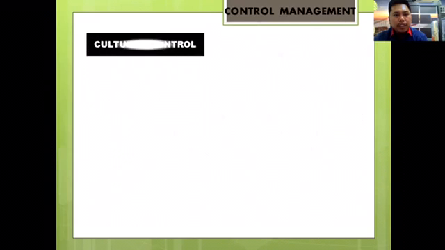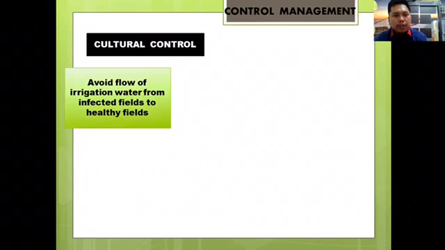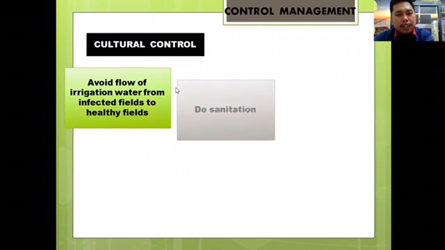And lastly, I will explain about the control management of the disease. The control management is divided into cultural control and chemical control. Now I will explain about cultural control first. First, avoid flow of irrigation water from infected fields to healthy fields.